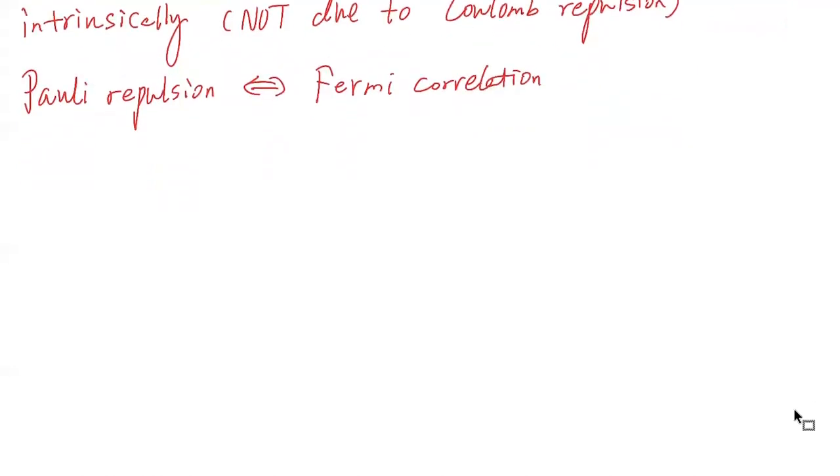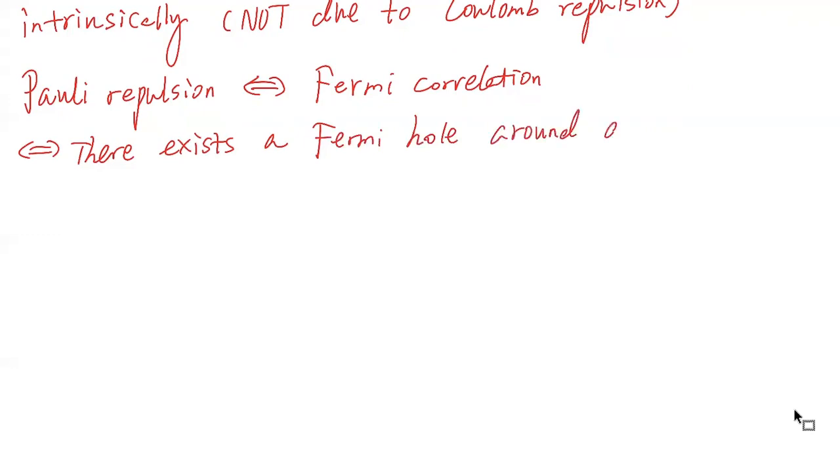Another way to say this is that there exists a Fermi hole around an electron. So intrinsically, another electron with the same spin cannot get very close to this electron.